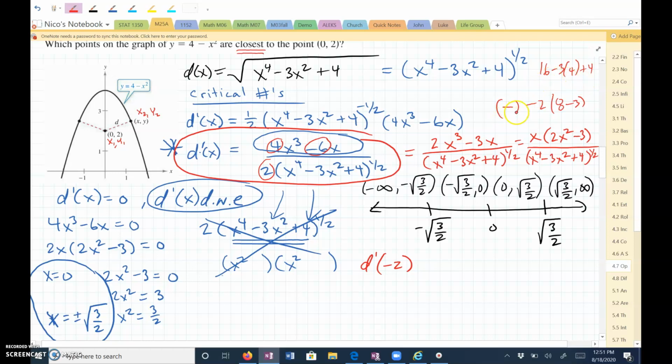That's going to be positive. So this is going to be less than 0 here. So this is decreasing.